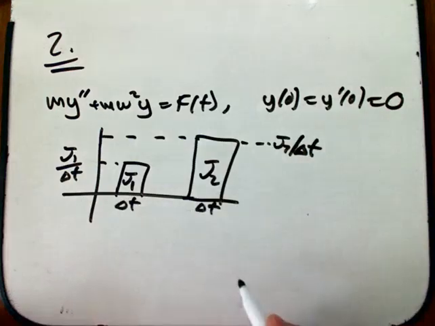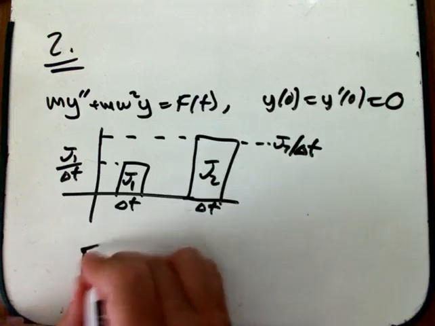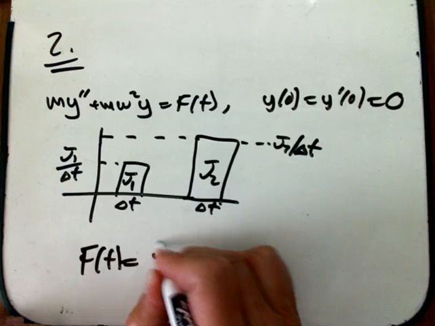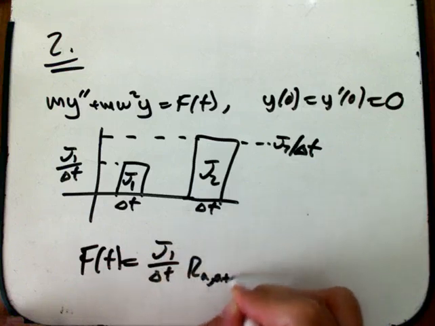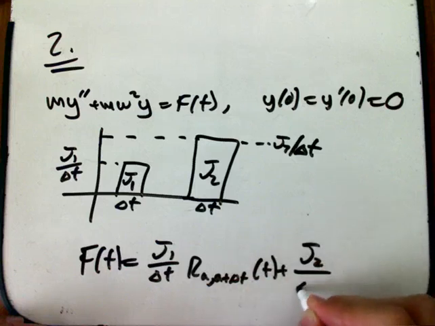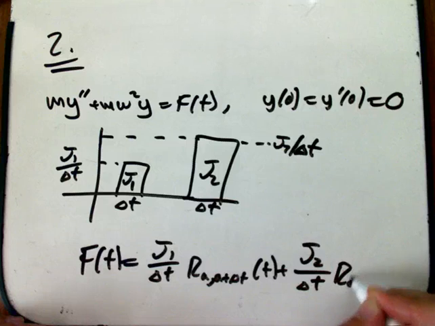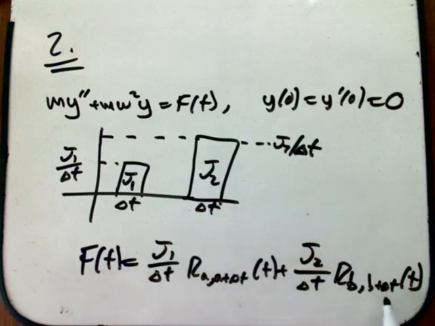Not super essential, but I kind of want to leave that width the same. Okay. And so in other words, f of t, as it's shown in the handout, is a rectangular pulse from A to A plus delta t with total area J1, plus one at B from B to B plus delta t.